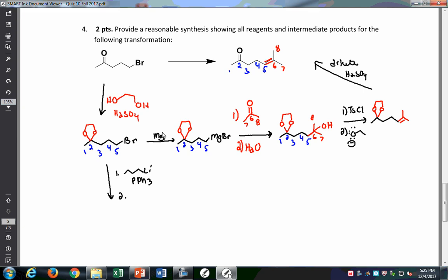And then we can just throw in that ketone, same one that we would have used for the Grignard. And that forms the double bond between 5 and 6, because that's what the Wittig does. And we already have the alkyl halide in the least substituted position, so that's really nice. And then all we have to do is remove the protecting group.